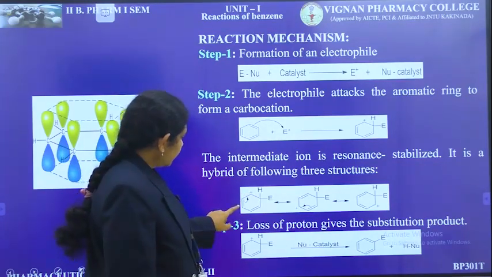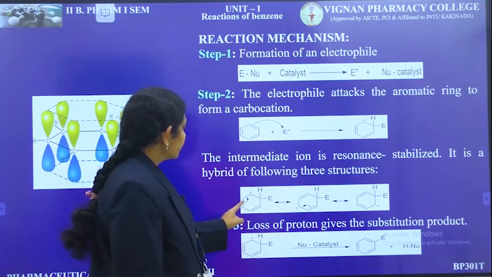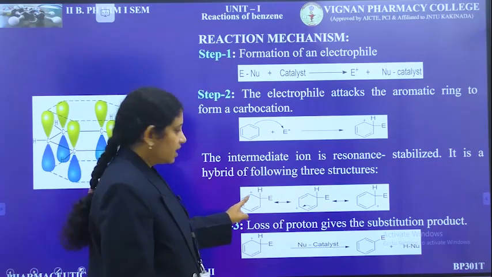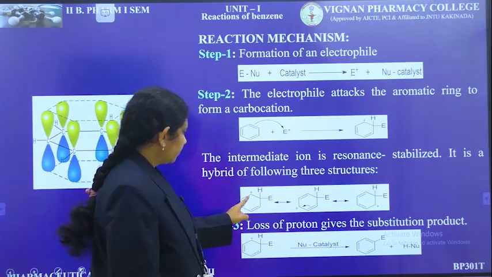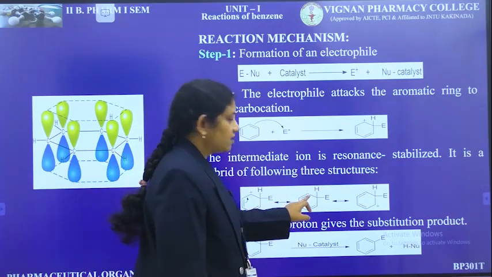The adjacent pi electrons present next to the electron deficient carbon will shift to that electron deficient carbon, this way, forming the double bond between the 6th and 1st carbon.